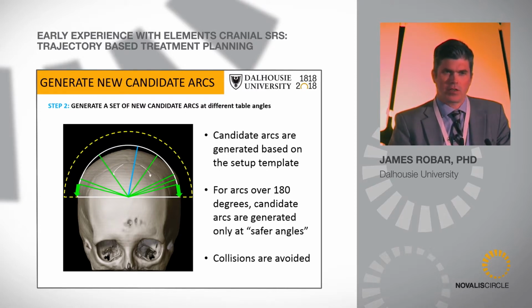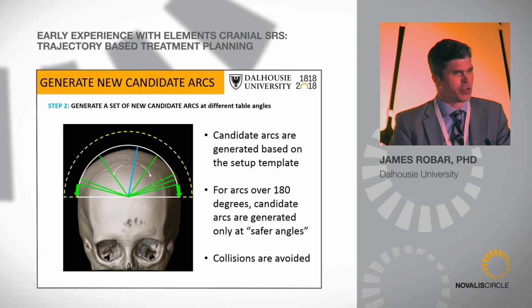If it is an arc over 180 degrees, it does something very smart and actually only generates candidate angles towards safer angles, that is, approaching coplanar. And that's important because the system automatically then minimizes collision or the potential of collision between couch and gantry or gantry and patient. So let's build onto this objective function now.